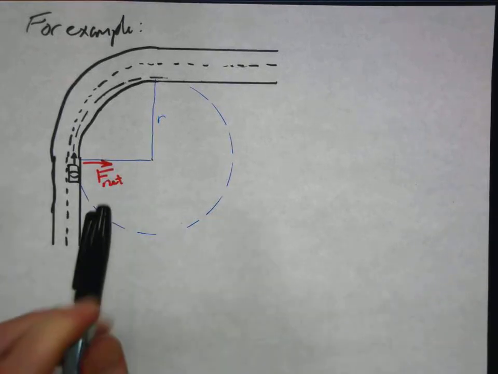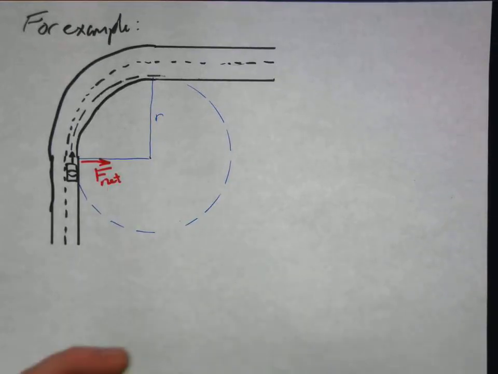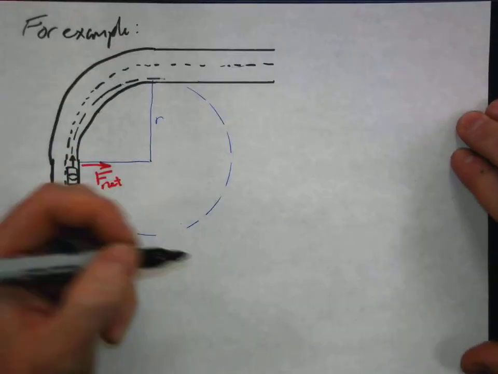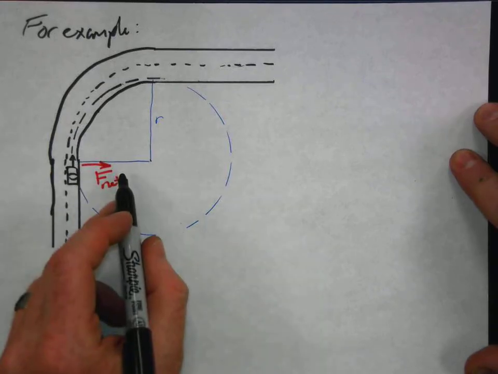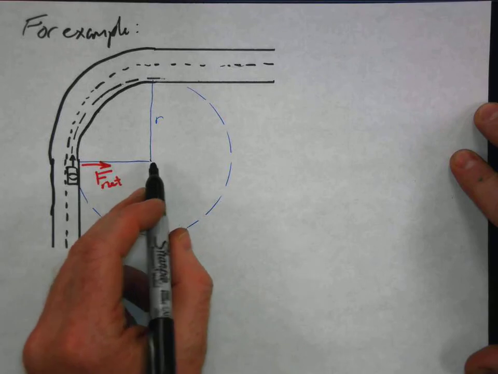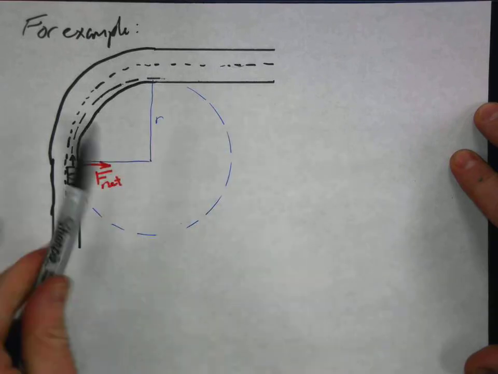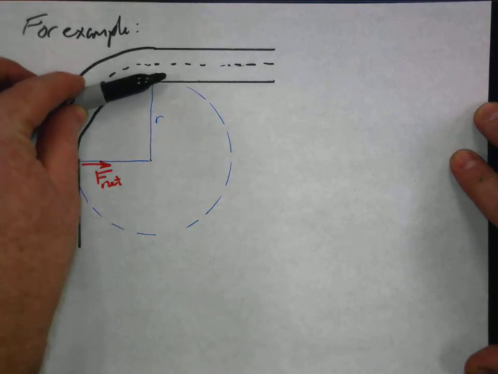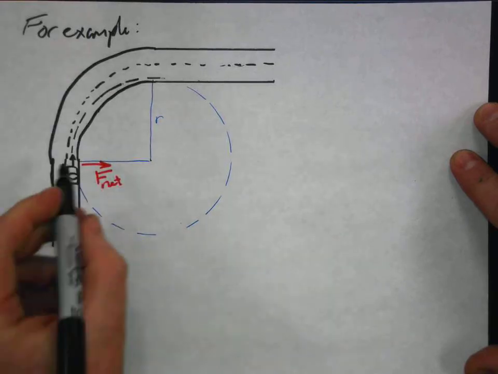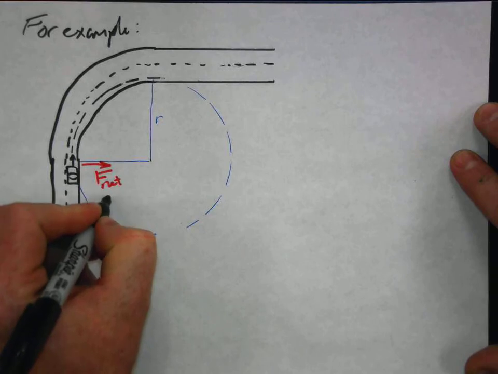Well, it turns out in this case, friction, our good friend. So there's no tether, there's no rope or cable or anything tying the car to a pole here in the center. And without all of that, the car still manages to change its direction. So this force that's doing that change in direction, in this case, comes from friction.